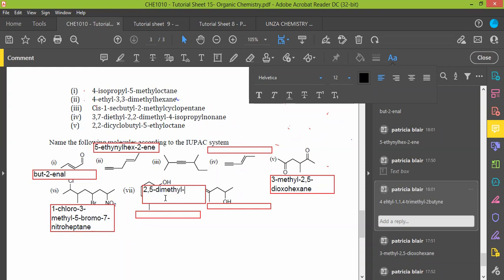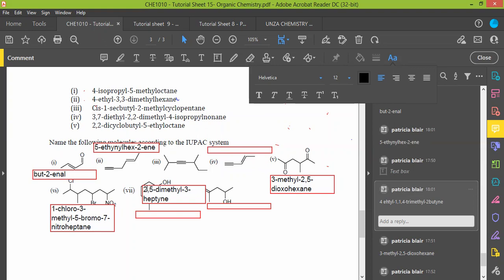So this time I'll put it like that so that you also know that this is acceptable. And then we put heptyne, like that. So your name needed to be like that: 1, 2, 3, 4, 5, 6, 7.